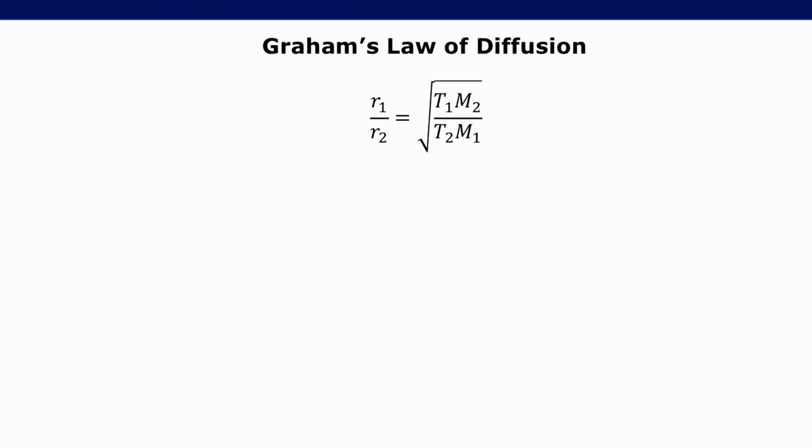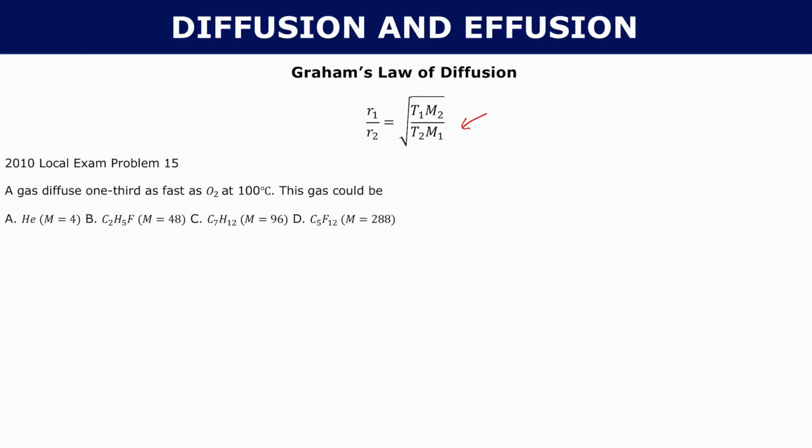A gas diffuses 1/3 as fast as oxygen at 100 degrees Celsius. This gas could be... Alright, so let's start with what we know. Let's set R1 equal to the oxygen, and it's going to be at a temperature of 373 Kelvin. This is because we have 100 degrees Celsius, and so you just add 273 to that to get Kelvin.